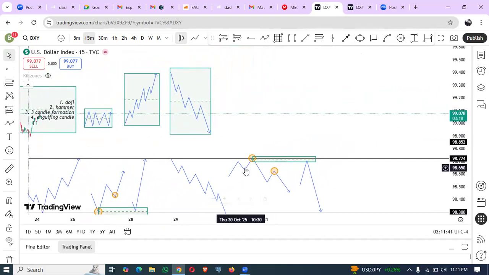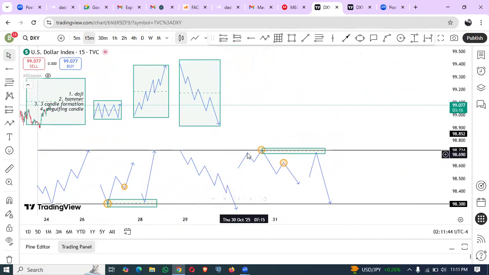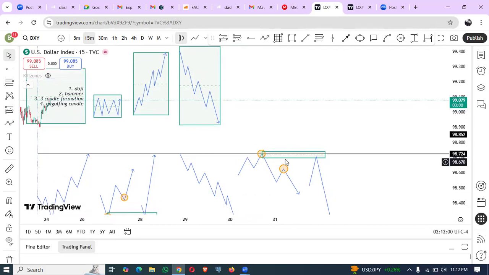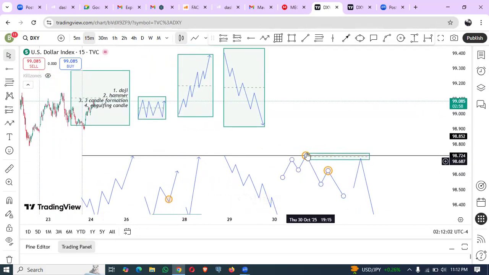For the sellers, the same thing. You saw previously bullish markets. Then you saw either of these candles telling you, okay, the trend has reversed or might reverse. Once that is done, you now need to see the first push to the downside, a correction, and a push. Then look at the extreme block, the origin of the first impulsive push to the downside.